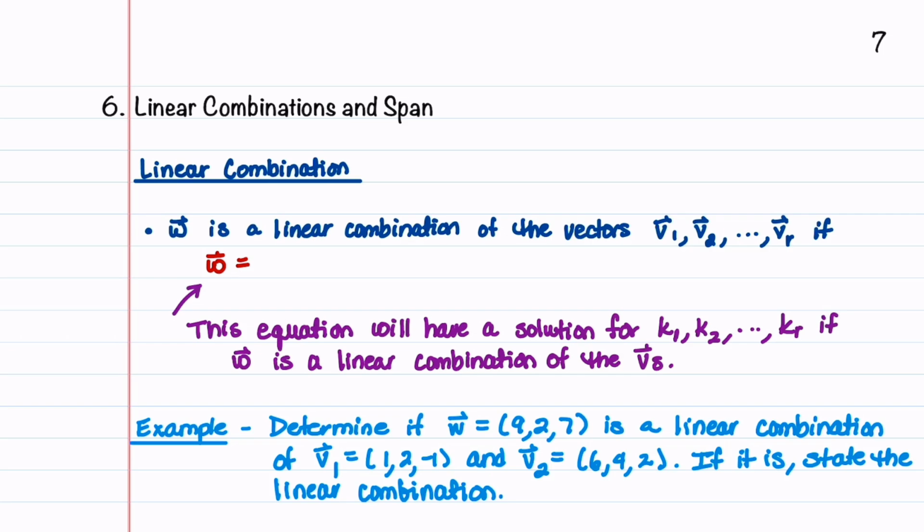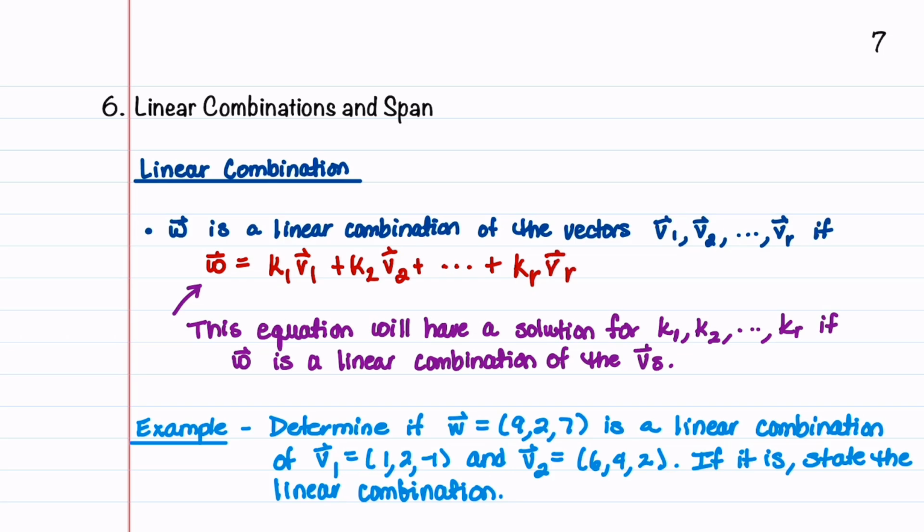The next topics I'll talk about are linear combinations and span, and these two go really well together. We'll begin with the topic of linear combination. We say that W is a linear combination of the vectors v1, v2, all the way up to vr if W can be written like this: W is equal to k1 v1 plus k2 v2 plus ... plus kr vr.